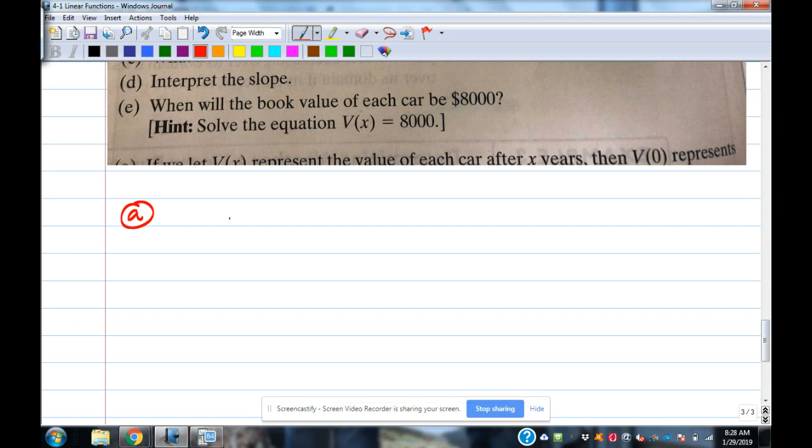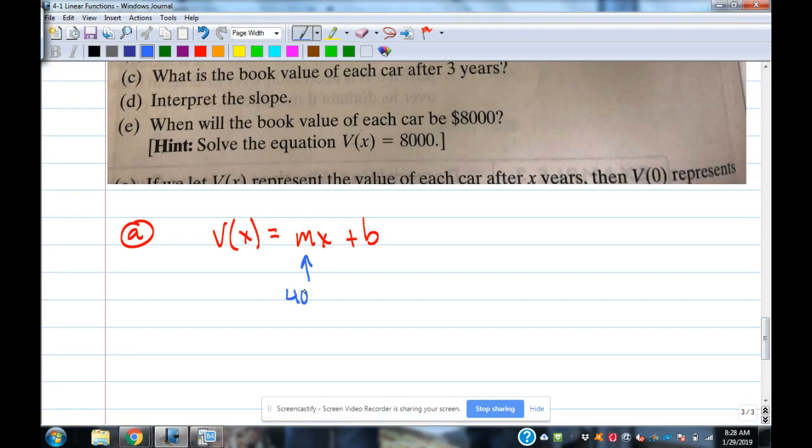So V of X, linear model. So we're going to have mx plus b. What do we know about the slope? It's 4,000. Just 4,000?